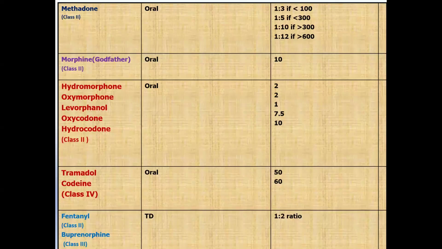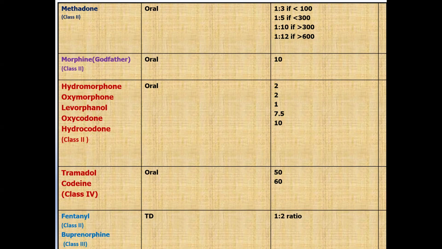This is the opioid conversion chart, and I'm not going to go through each individual drug, but I want to give you a general concept here. Always remember morphine as the godfather of all of these opioids.